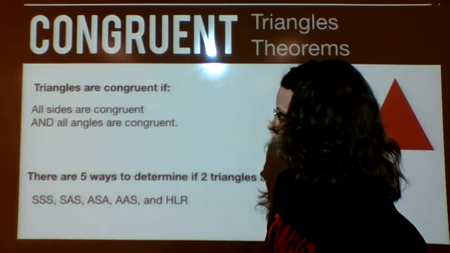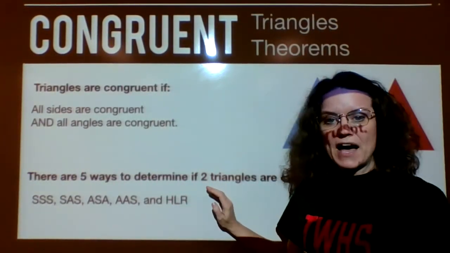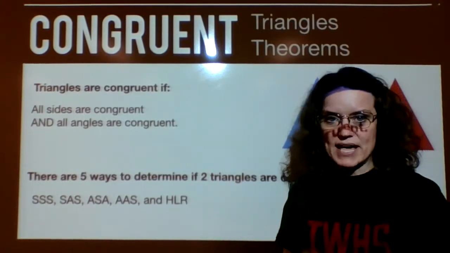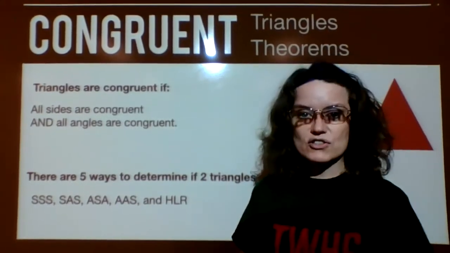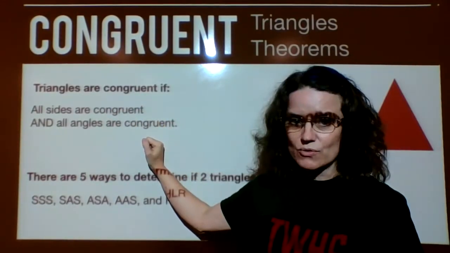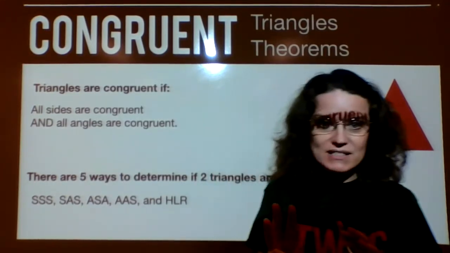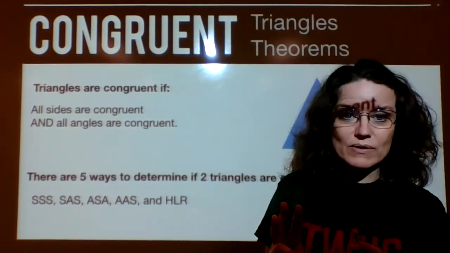All right? So for triangles being congruent, there are going to be 5 ways to be able to tell that triangles are congruent. Certain things have to happen. Yeah, all the sides must be congruent and all the angles are congruent, but the nice thing is if you only have 3 things, you can still tell that they're congruent.